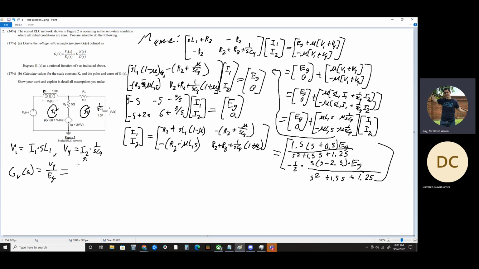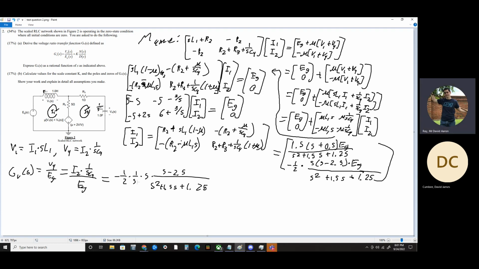V4 we know is I2 times 1 over SC4, and we get rid of the EG, which equals negative 1 over 2. And since C4 equals 1, it's really just trying to get rid of that random s we see here in the numerator. 1 over s times s times s minus 2.5 over s squared plus 1.5s plus 1.25.